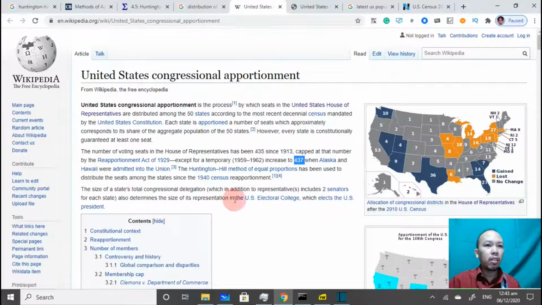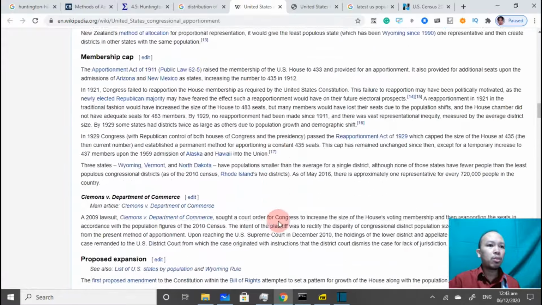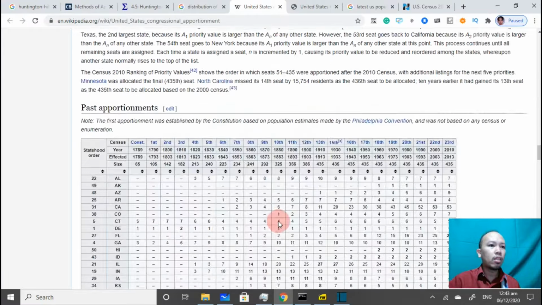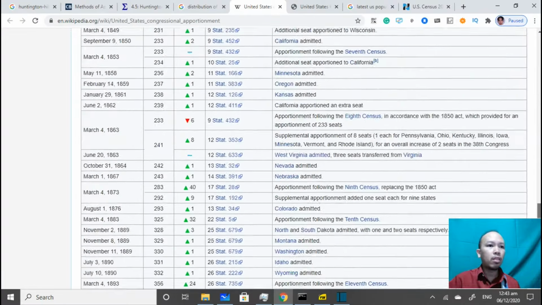Anyway, let's have an example where we use the 435 representatives and 50 states. There are 435 since January 3, 2013.